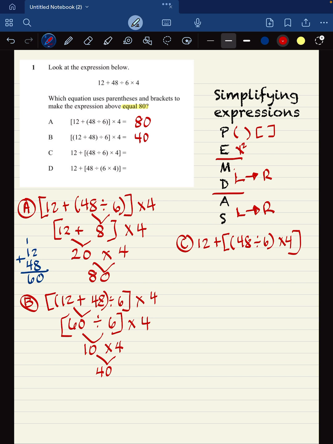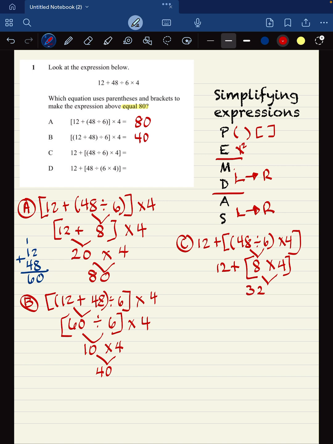Okay, so again, we have brackets and we have parentheses inside. So we start with the parentheses. 6 times 8 is 48. Don't write the brackets anymore. Times 4, close the bracket. Then 12 plus 8 times 4 is 32.